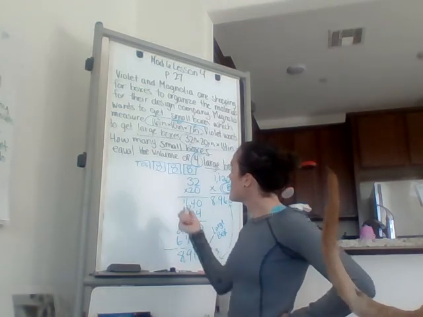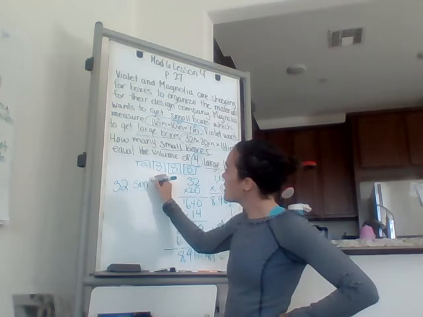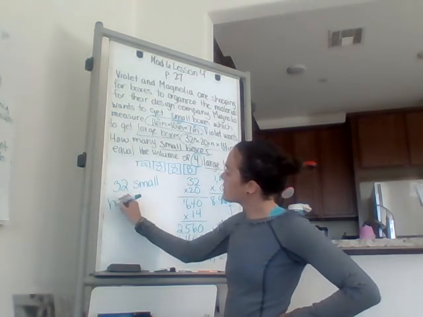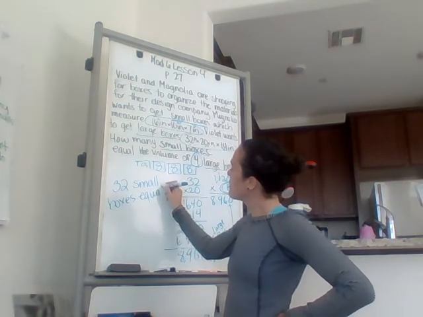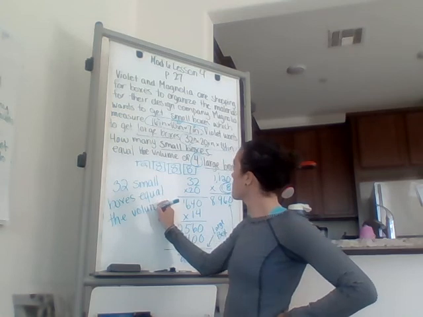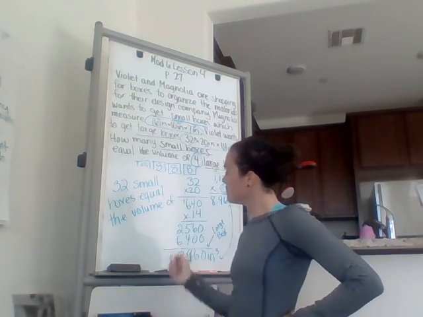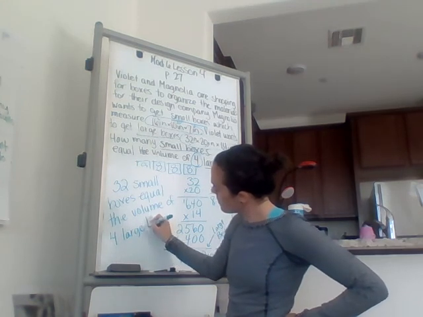All right, let's see. 32 small boxes equal the volume of 4 large boxes.